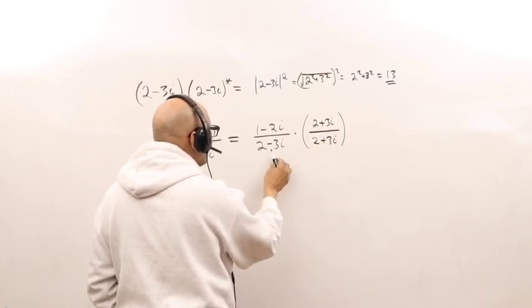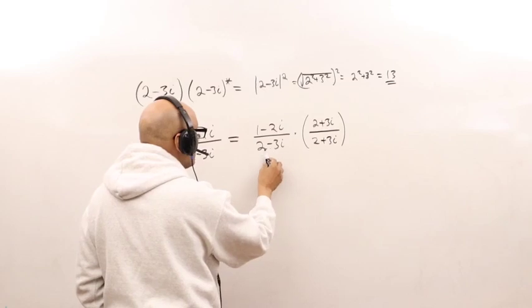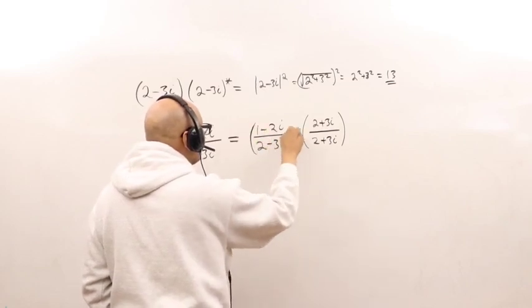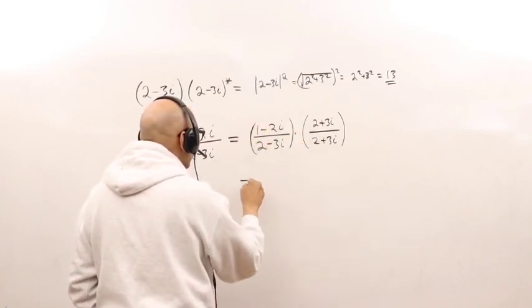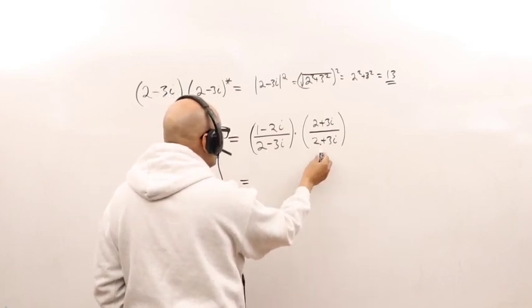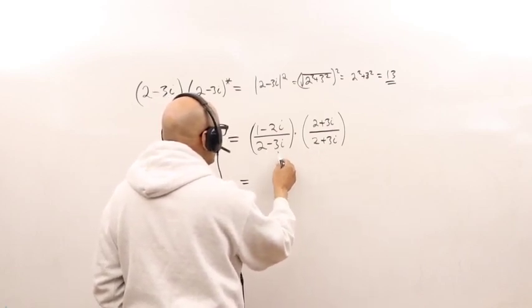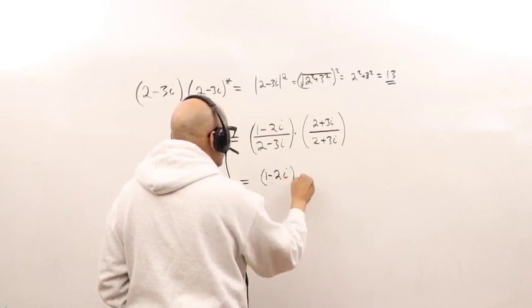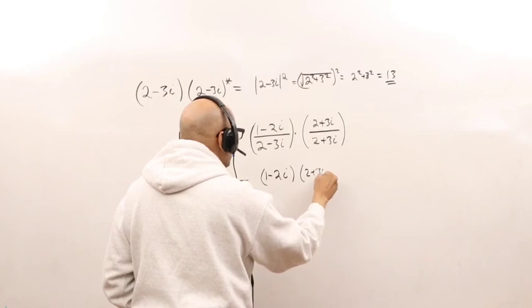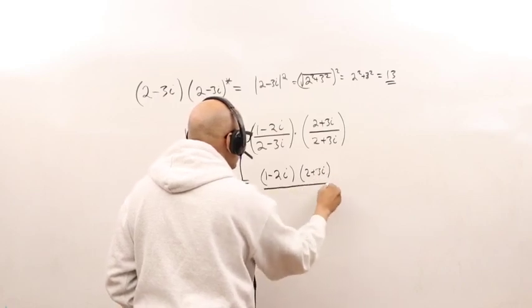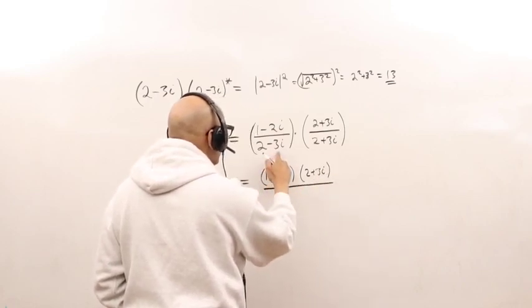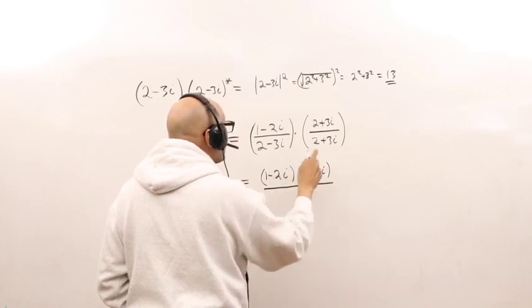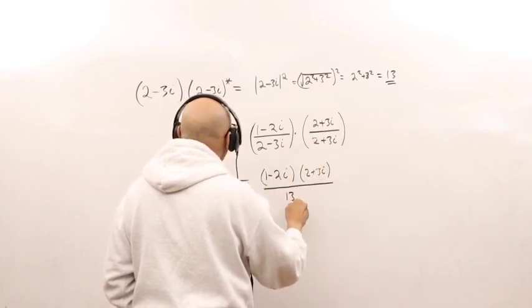Notice that 2 plus 3i is the complex conjugate of 2 minus 3i, and so we know the product is going to be the magnitude squared. So this is (1 minus 2i) times (2 plus 3i), all divided by the magnitude of 2 minus 3i squared. In this case, it happens to be 13. We just calculated it.